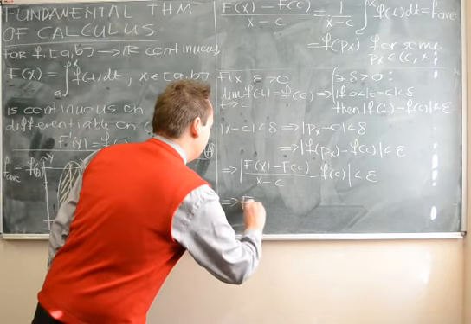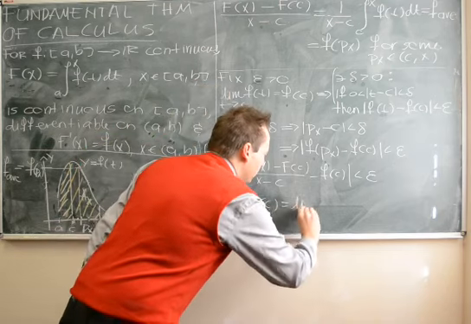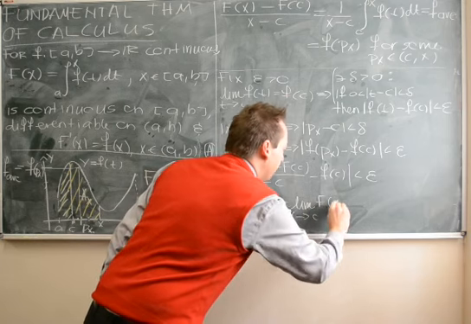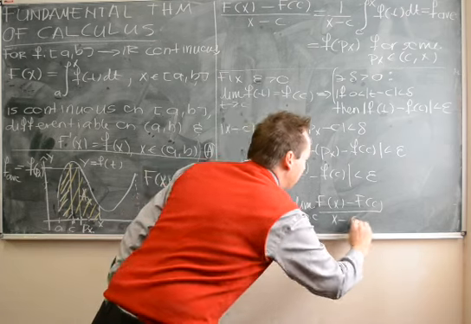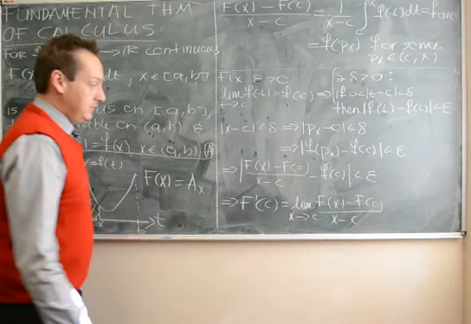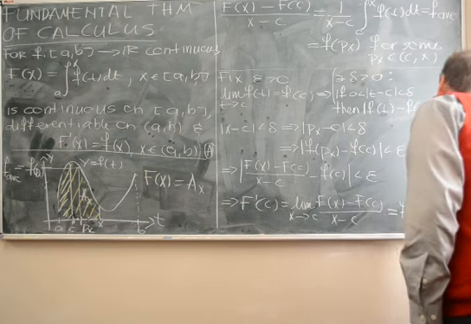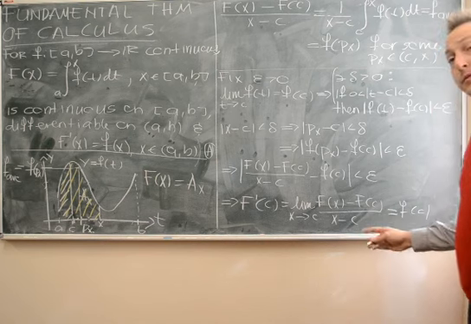So we see that the derivative of big F at c, which is the limit as x goes to c of big F of x minus big F of c over x minus c, has to be little f of c. And that's what we wanted to prove.